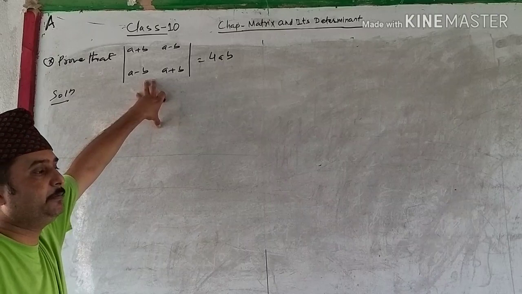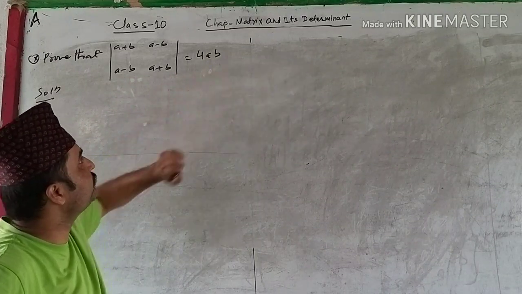This is the determinant of a matrix, and we need to prove this value is 4ab.